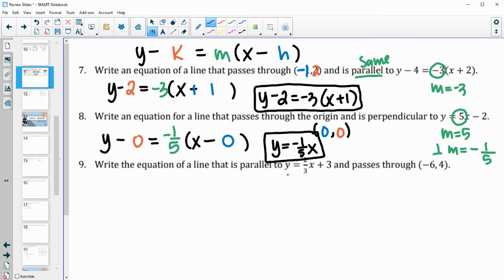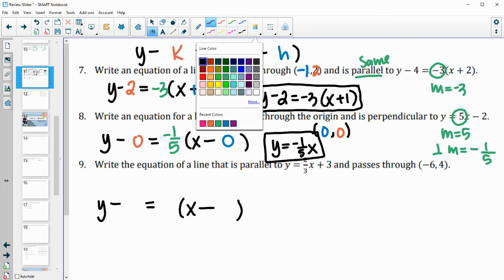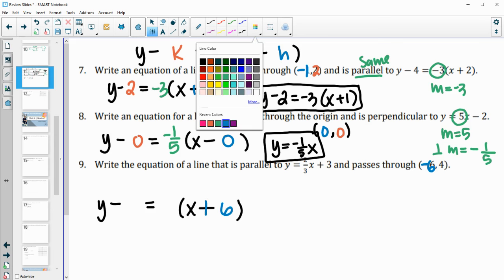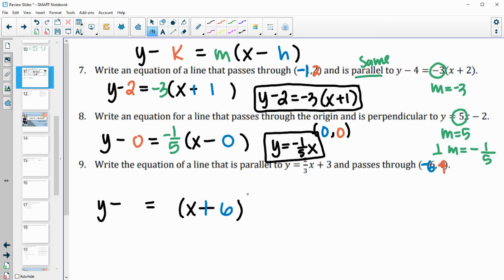Number 9, write the equation of a line parallel to this one and passes through this point. So I'll just write this out. Y minus the y coordinate equals the slope times x minus the x coordinate. Okay, our x coordinate is -6. So -6 turns that to a +6. Our y coordinate is 4.